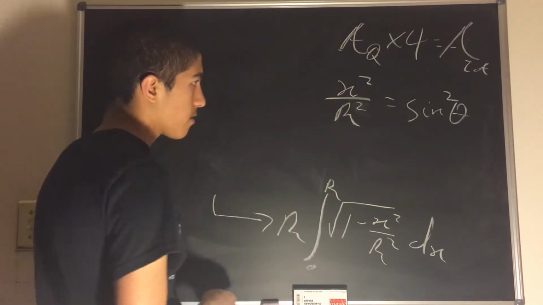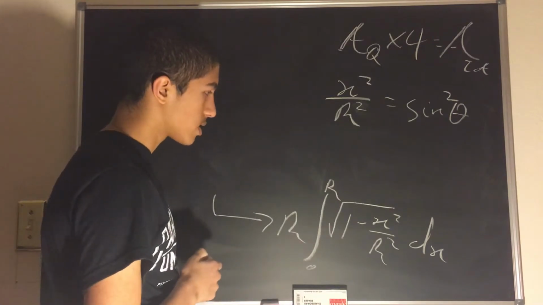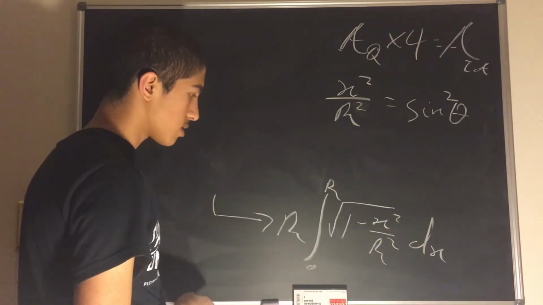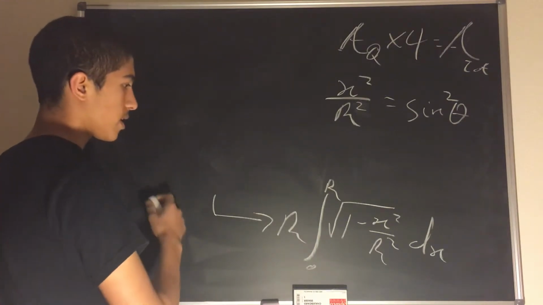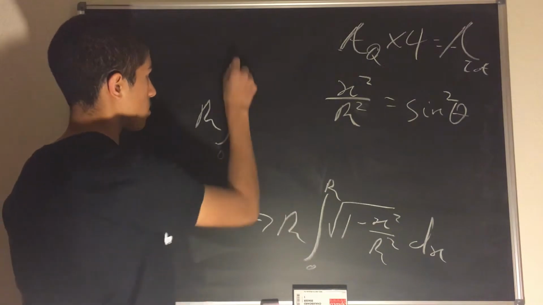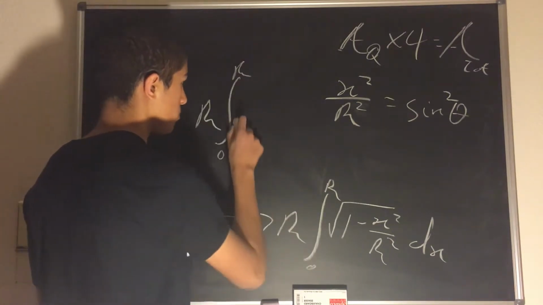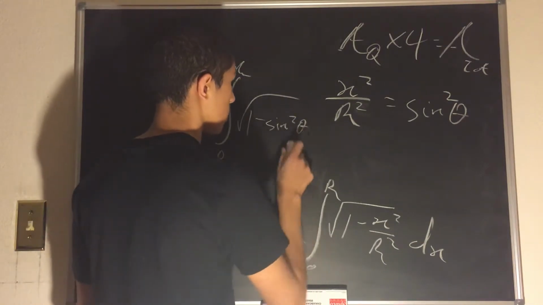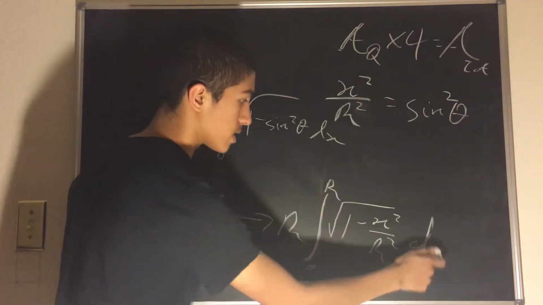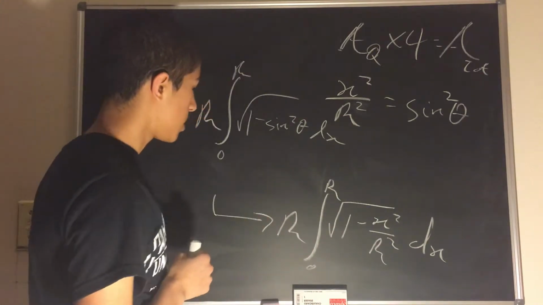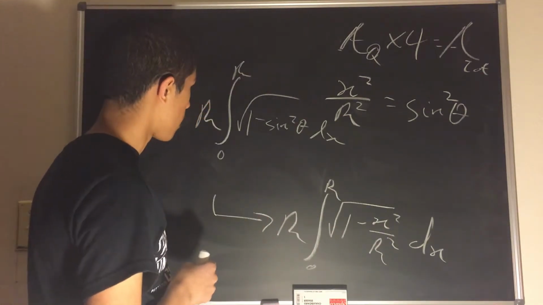Well, if we plug in that substitution over here, then we have our integral is equal to r times the integral 0 to r of root 1 minus sine squared theta dx. And you'll notice that I preserved that infinitesimal there, and that will turn out to be very important later on.